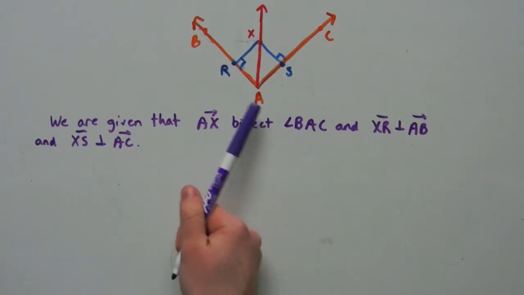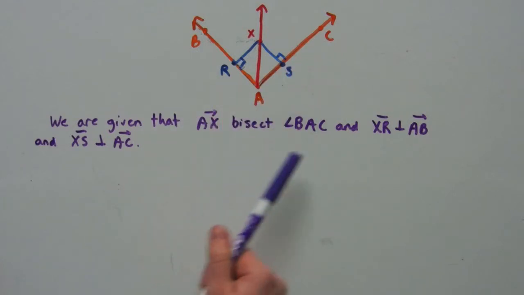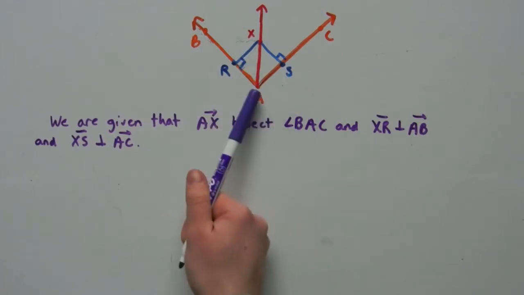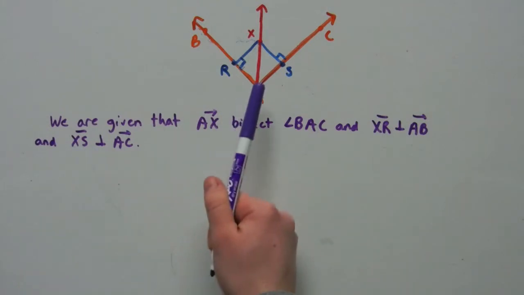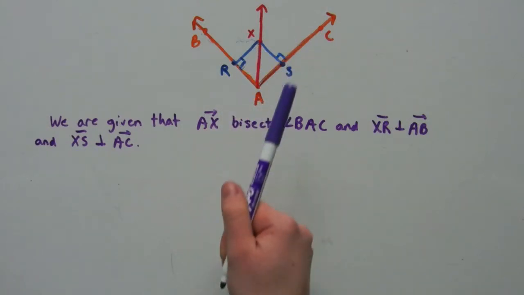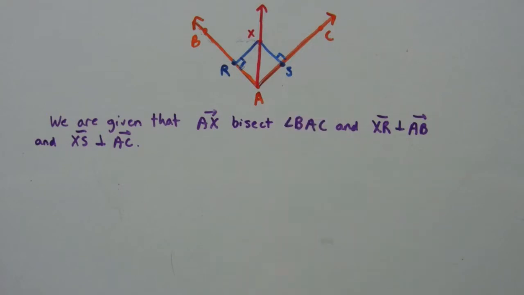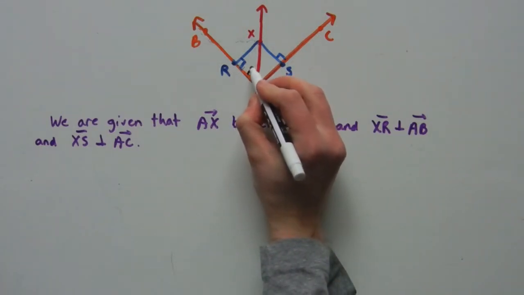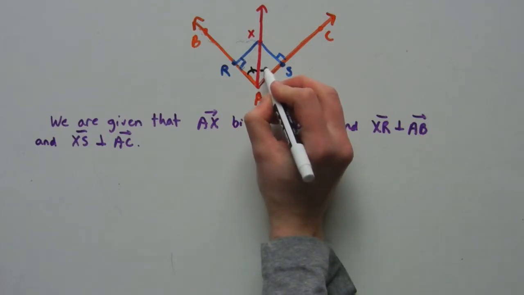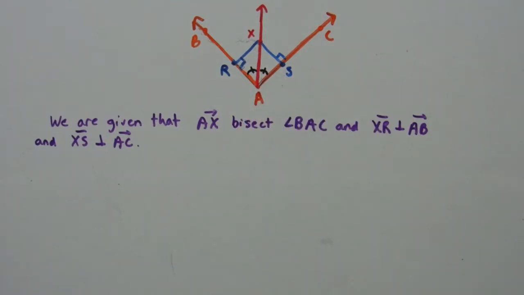So AX bisects angle BAC, and the segment XR is perpendicular to the ray AB, and the segment XS is perpendicular to the ray AC. And we know that because AX is a bisector, then angle XAR and angle XAS are congruent.